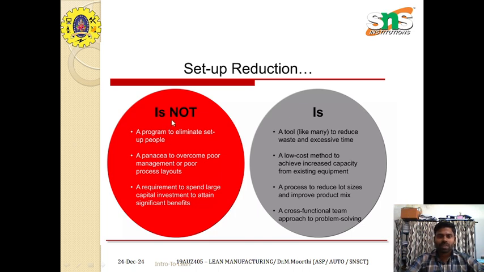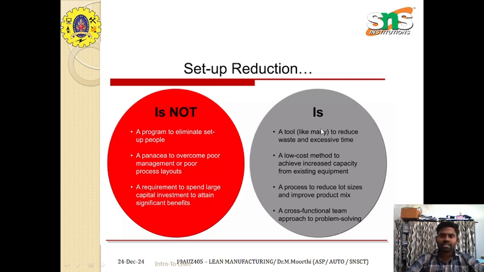Here, what are the factors that we have to follow, and what are the factors that we do not follow during the process? It starts with a program to eliminate setup people. Next, a miracle to overcome poor management or poor process layout, a requirement to spend large capital investment to attain significant benefits.